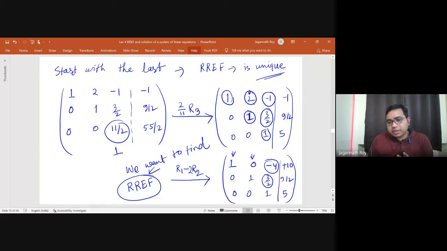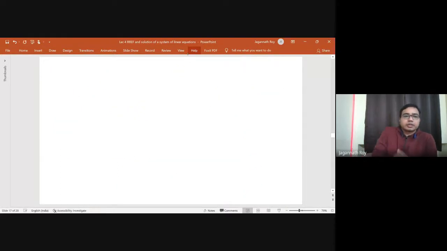Let us put the separator line. So what we do from there is R1 minus 3 times R3, and here it is R2 minus 3 by 2 times R3.